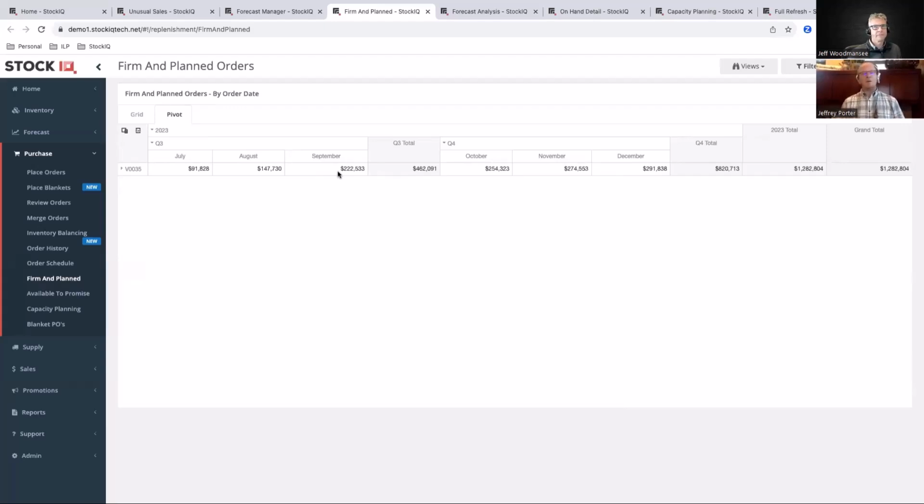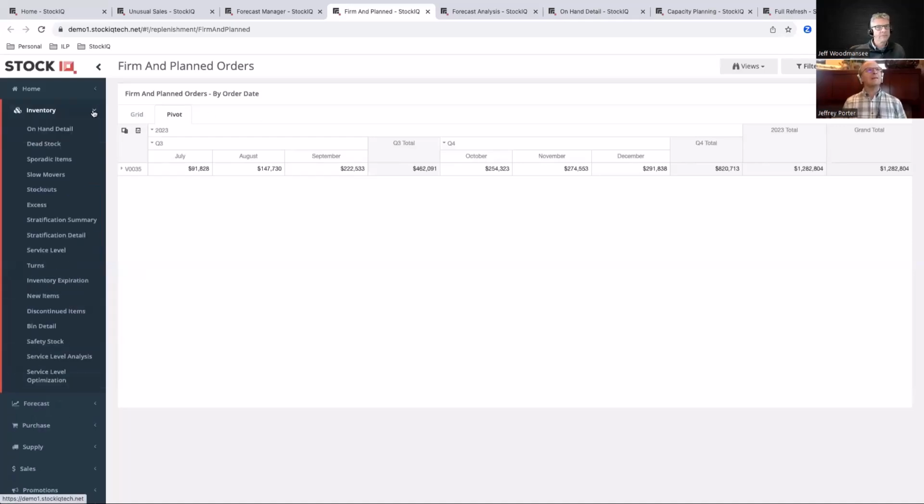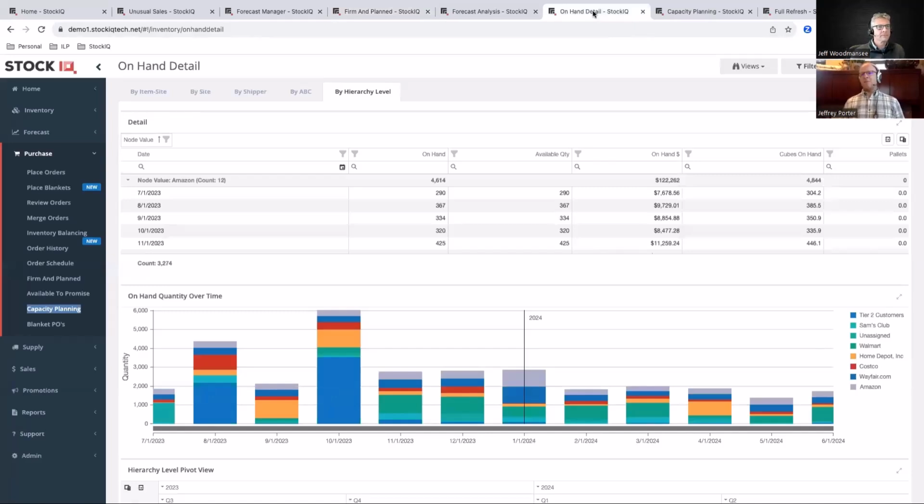That's great news. By the way, as we're talking about this, let's also talk about on-hand detail. On-hand detail is all about saying, where do I think my inventory is going to be at the end of these periods? One of the things we're looking at in here is some different views where I am looking at the on-hand dollars on a project portfolio.